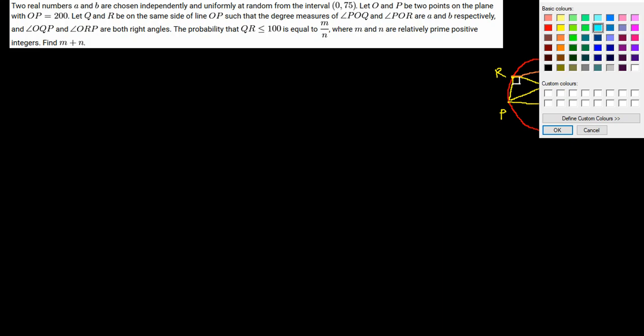This entire length is 200, it's given, and we need to find the probability that QR is less than or equal to 100. So let QR be x for simplicity, and with respect to this we can continue our discussion.